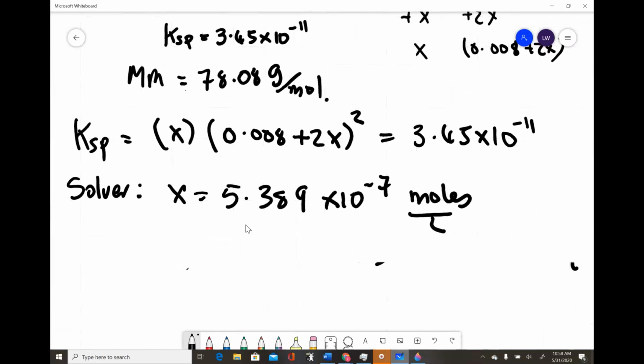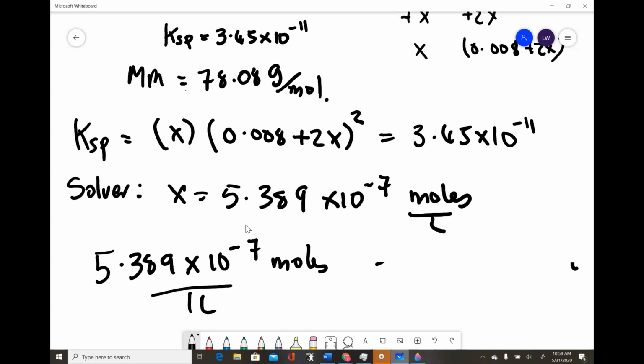So now I have to turn that into grams per liter. So 5.389 by 10 to the minus 7 moles in 1 liter times 78.08 grams in every 1 mole.